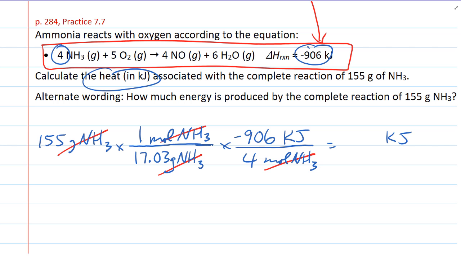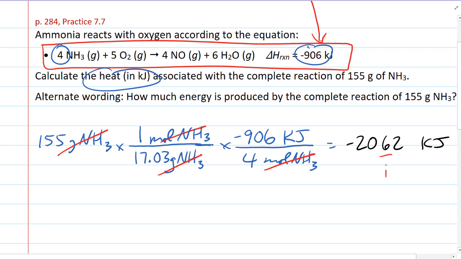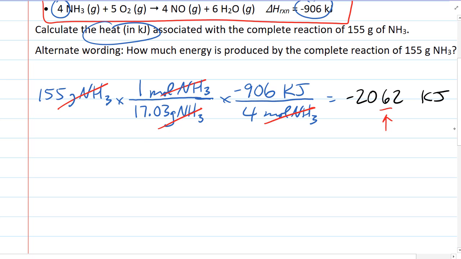And upon doing so, we wind up with an answer, which looks like it's going to be 3 significant figures, but we'll write it out first as negative 2062 kilojoules. And of course, if we want to place this as 3 significant figures, we would write this answer as negative 2.06 times 10 to the third.